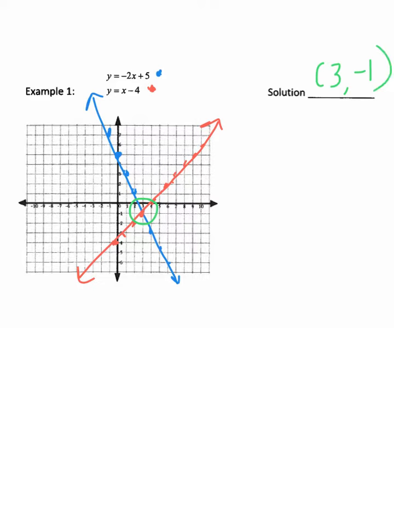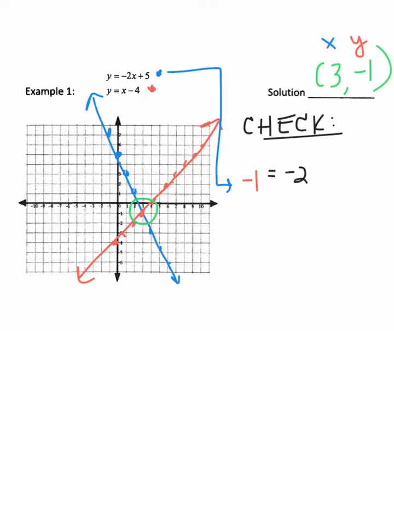And so we can actually check to make sure that this is the correct solution by plugging in the point 3, -1 for the x-coordinate and for the y-coordinate. So if I take my first equation and do that, I would get for y, -1 equals -2 times 3 plus 5. So I'm checking to make sure that that is correct.